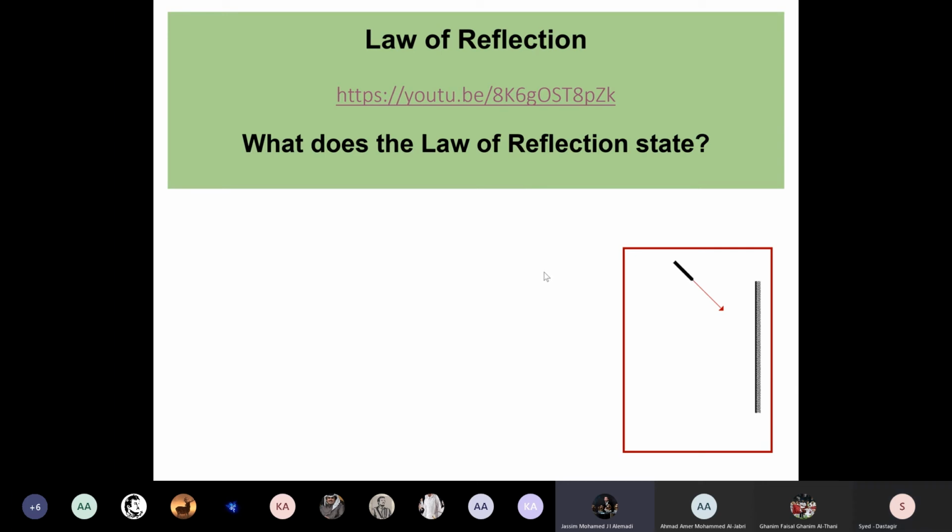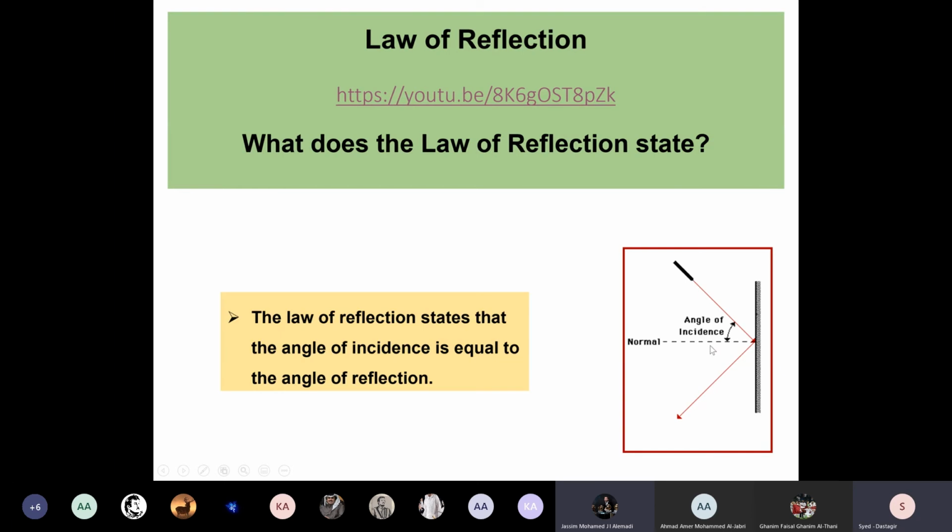Angle of incidence equals angle of reflection. Excellent, very good. So the angle of incidence, which is here, equals the angle of reflection. Make sure you write this down in your books, and you should have a labeled diagram ready.